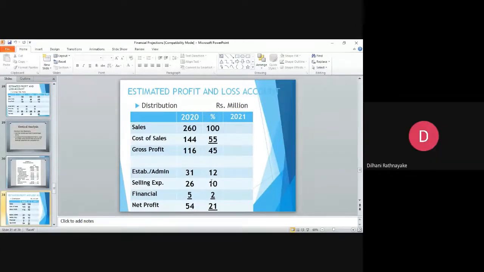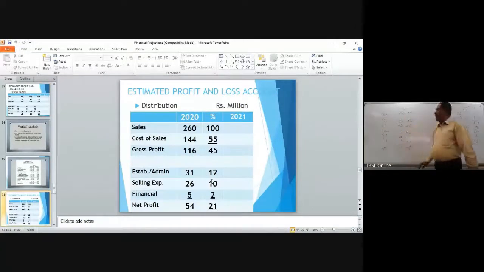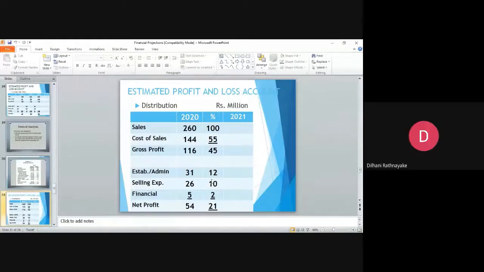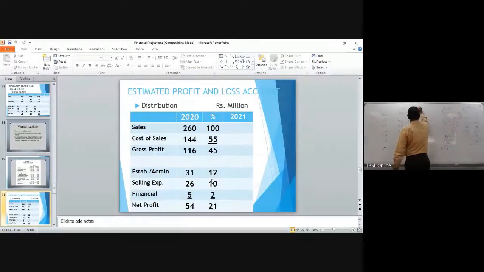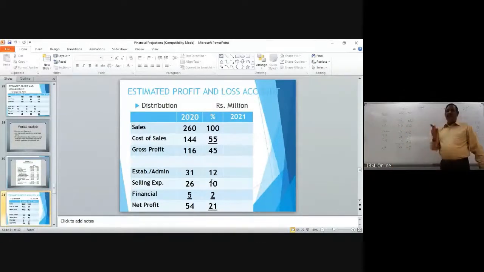Okay, now let's work out the projected 2021. Now we assume what will be the sales. We have to do an assumption on that, right?